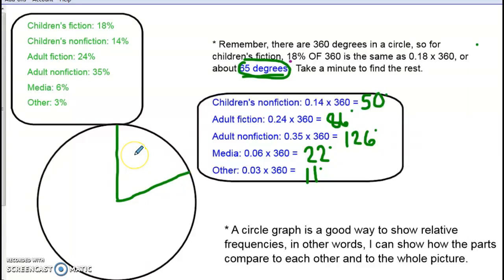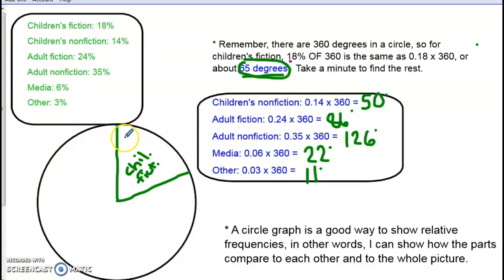And again, this is all pretty rough, so you're actually going to measure yours. So there's my children's fiction, and I'm going to go ahead and label that as well. You can also label that with your degree measure. I'm sorry, not your degree measure, but your percent.